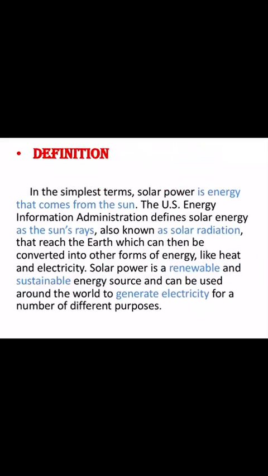Let's have a clue about solar power. Now, a major part of the green living movement involves the use of alternative energy sources to replace our consumption of traditional fossil fuel generated electricity.